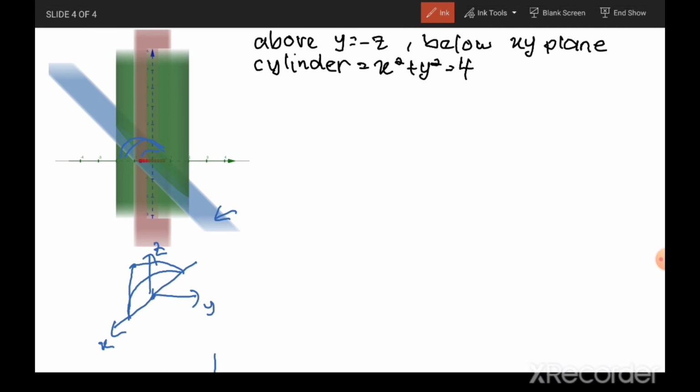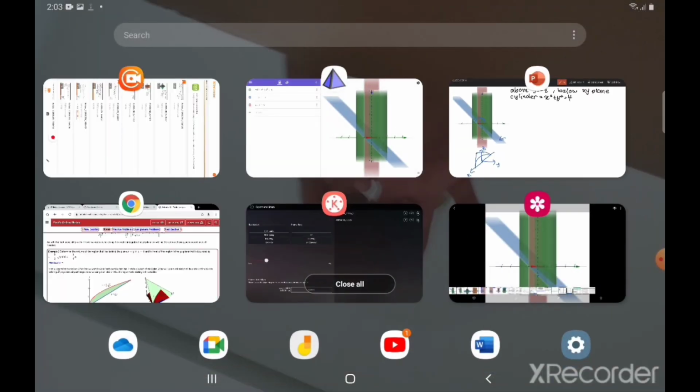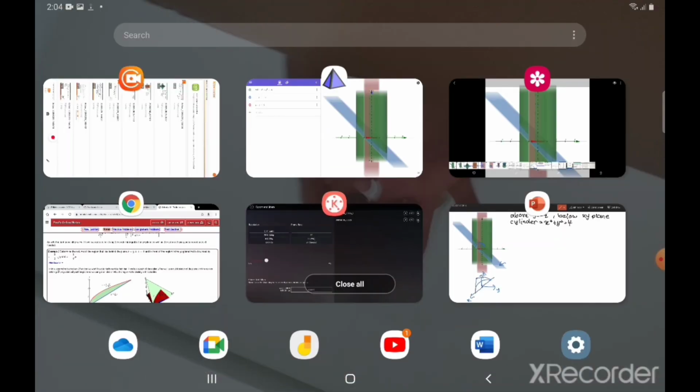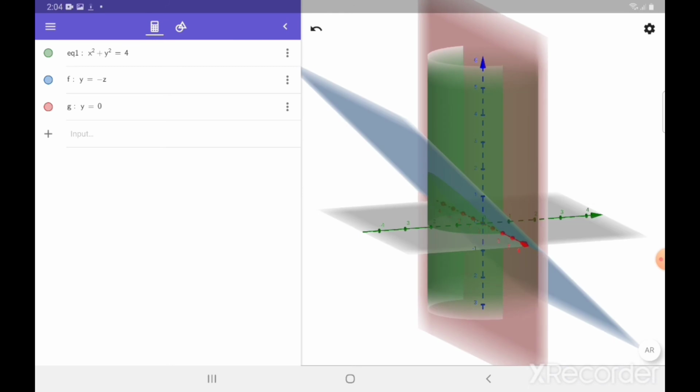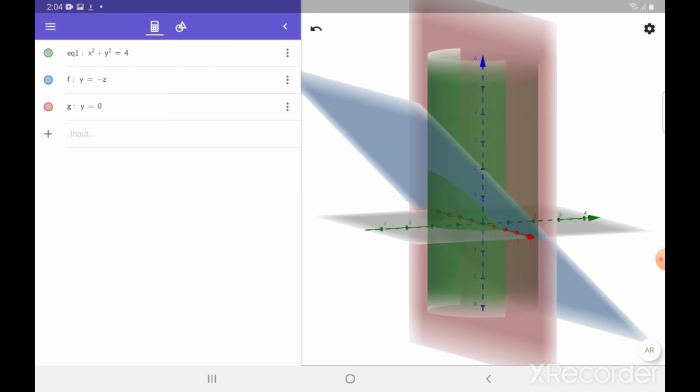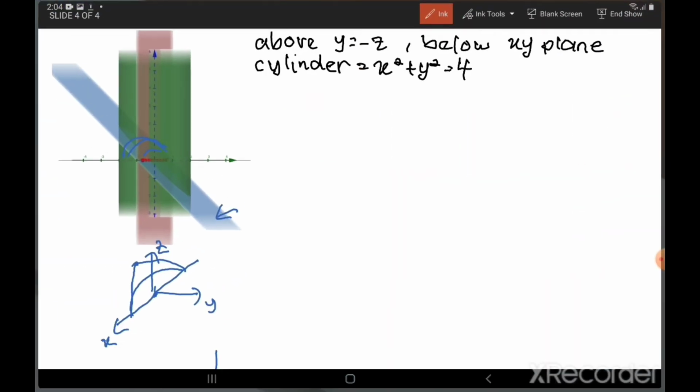So you can see that. I think it's better I use this one so I can rotate it. What we want to find is the cut cylinder.